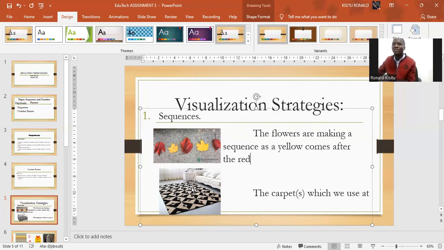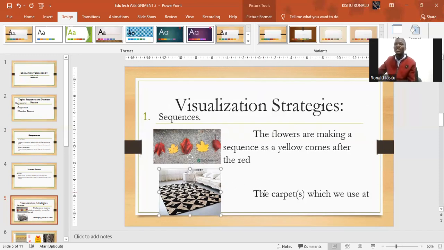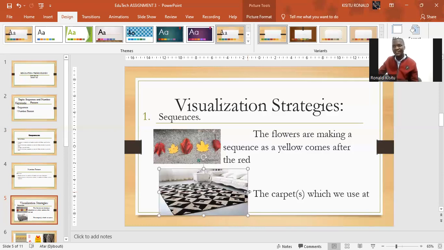Now, the next one is the carpet. It has its design, and if someone is to ask how it was designed, you see there are some repeated designs.